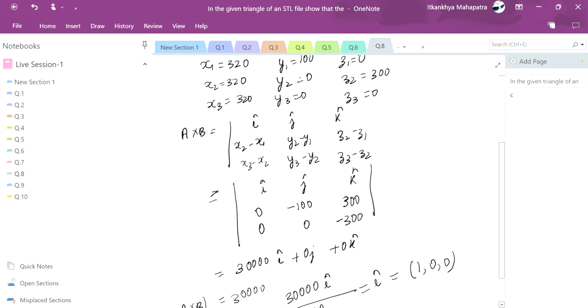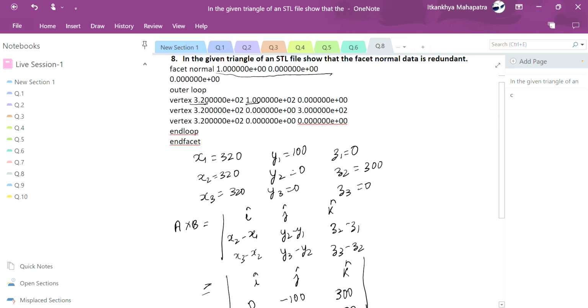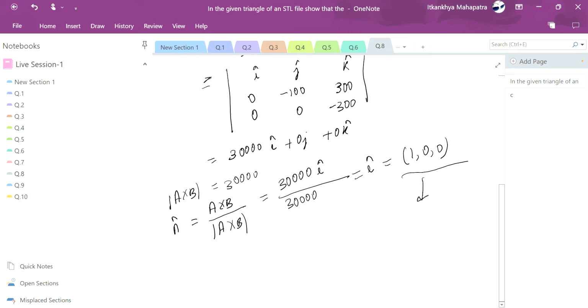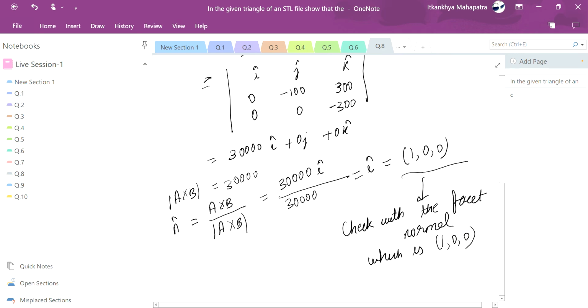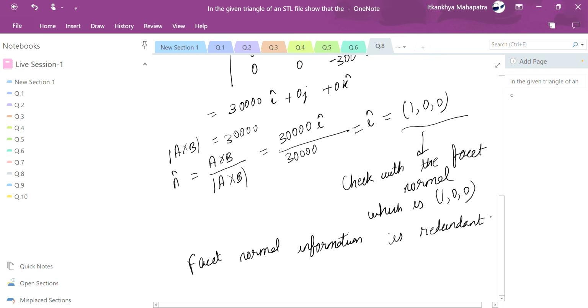And now when we check this with the facet normal, which is 100, the facet normal information is redundant. This is the procedure for showing how the facet normal information is redundant.